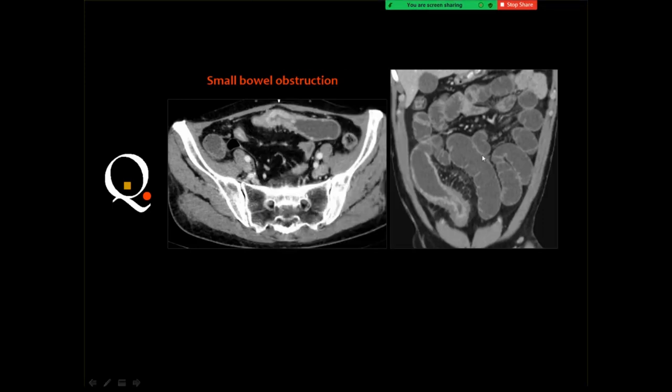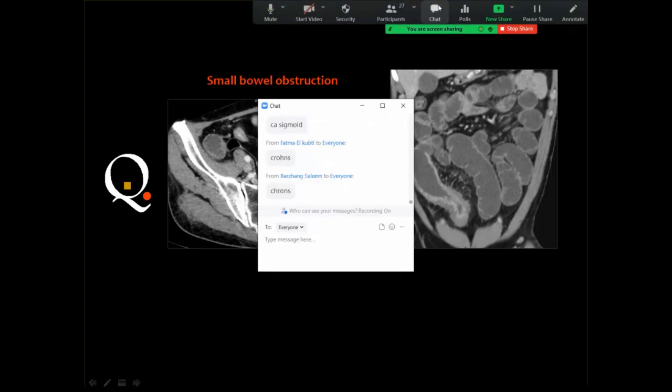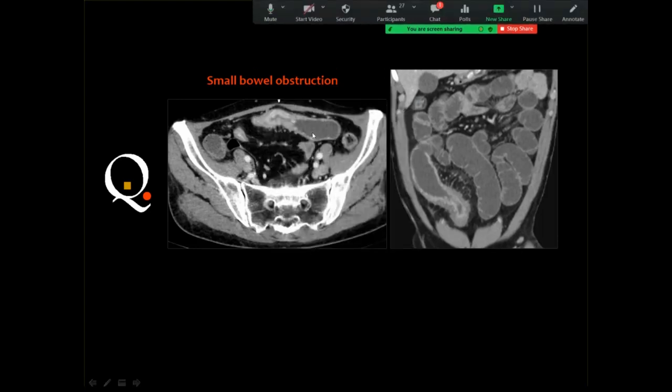And sigmoid is a little bit in the lower part of the abdomen, and this is Crohn's disease, of course. This is a small bowel lesion. The colon is here and is not affected, but this is a long segment of mural thickening and enhancement encroaching on the lumen, causing proximal obstructive changes, and is diagnostic of Crohn's disease.